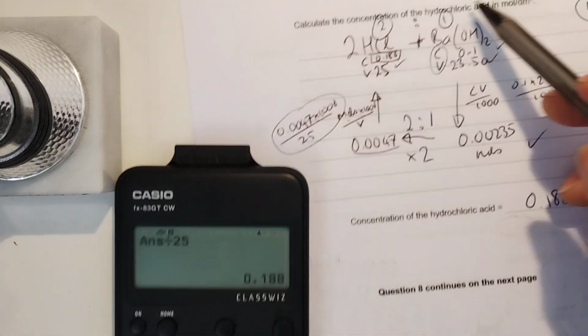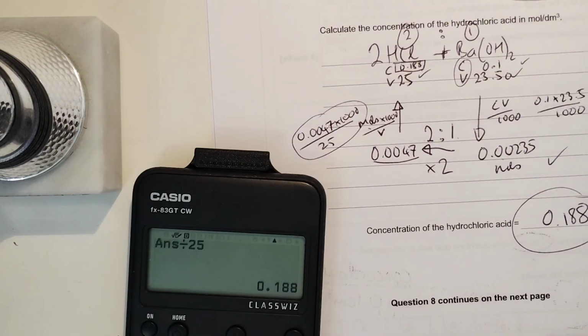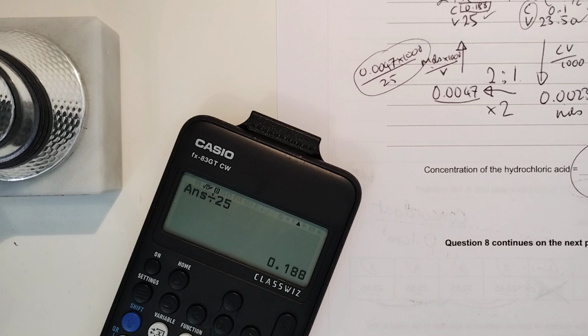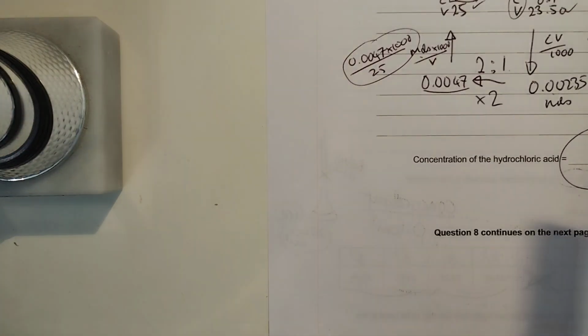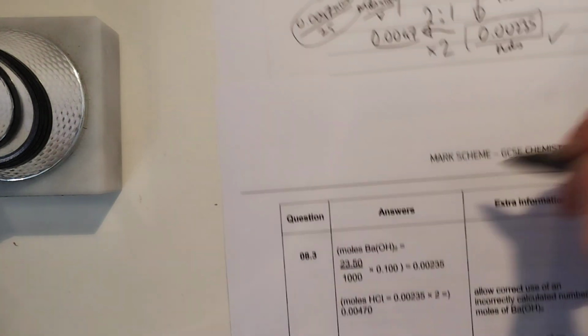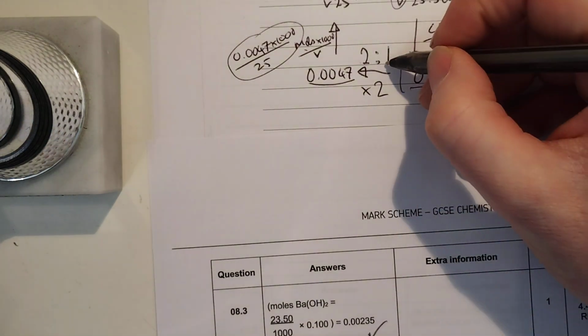I'm just going to check for significant figures or anything. No, that looks all right to me. Let's have a little look at Question 8.3. Moles of barium hydroxide, 0.00235, 1 mark.